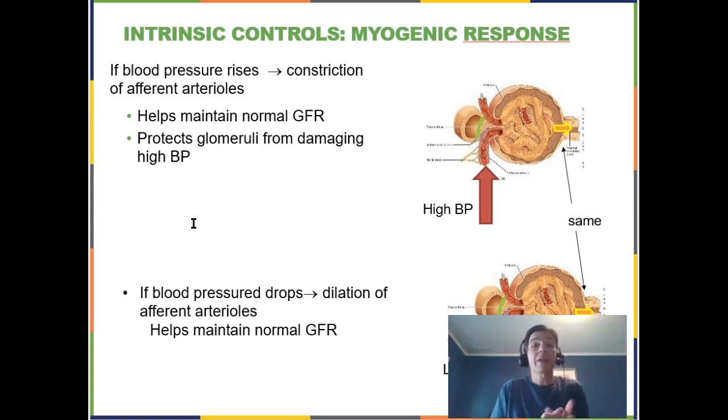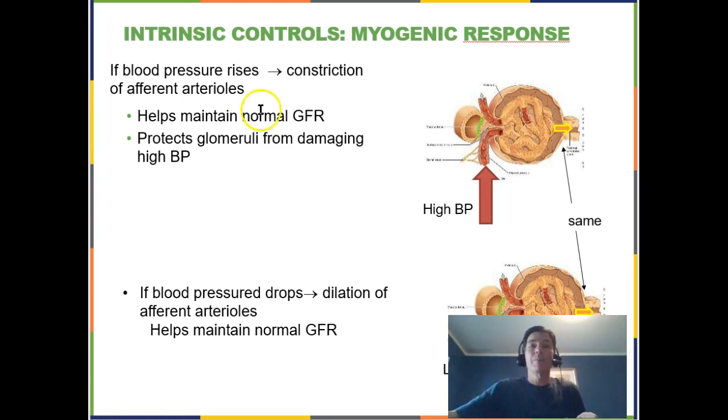So first up then is the myogenic response. And remember, the name of the game here is to keep your filtration rate the same. The myogenic response is governed by the afferent arteriole. It has the ability to sense and respond to blood pressure. The smooth muscle in your blood vessels, or smooth muscle everywhere, is really special and has lots of abilities that skeletal muscle and cardiac muscle don't have.